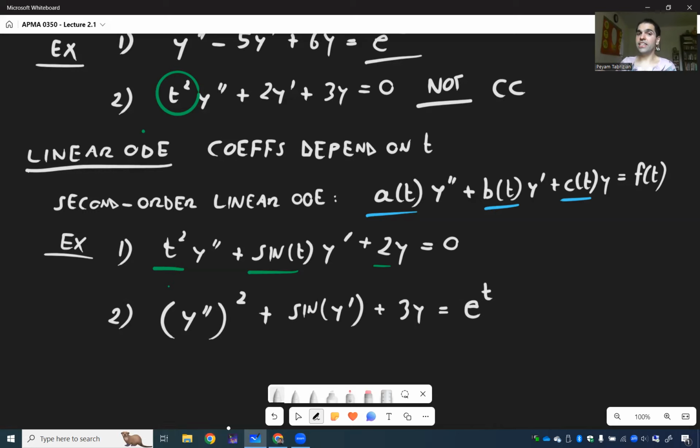This is not linear because it's not of the form a function of t times y double prime plus a function of t times y prime plus a function of t times y equals f of t. Here, you really have everything jumbled together, where you have, let's say, y double prime times y double prime. That would not be okay. So this is not linear.